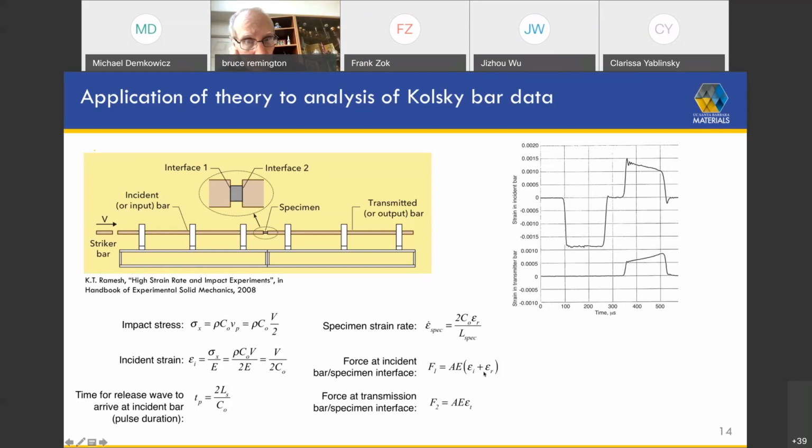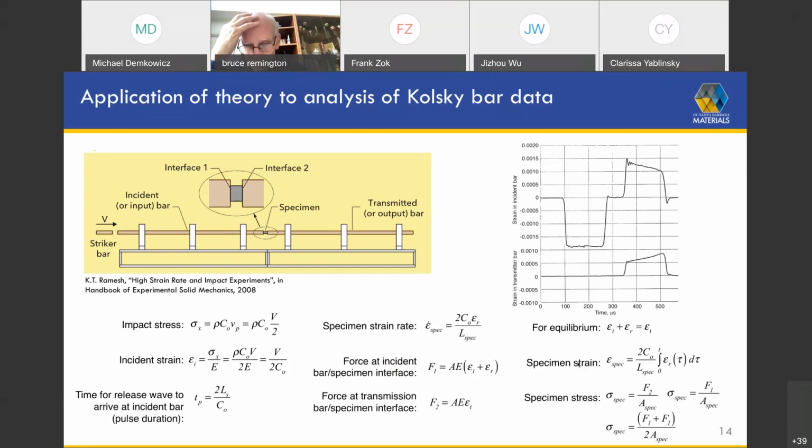We can then work out the forces at the incident bar specimen interface, that would be this interface here, based on the strain gauge measurements here. And we can work out the forces at the transmission bar specimen interface, which is given by the strains in the transmitted bar. Okay? Now, if the specimen is in equilibrium, which it isn't always, then these two forces have to be the same.